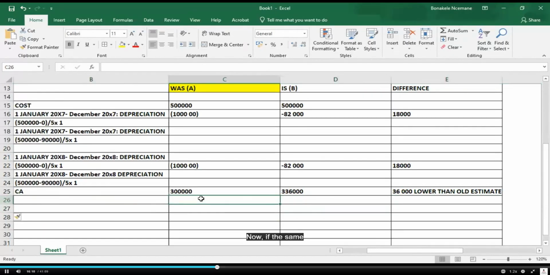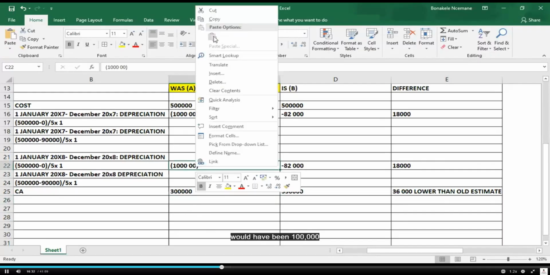Now, the same would apply during the year: the depreciation under the old estimates would have been 100,000.